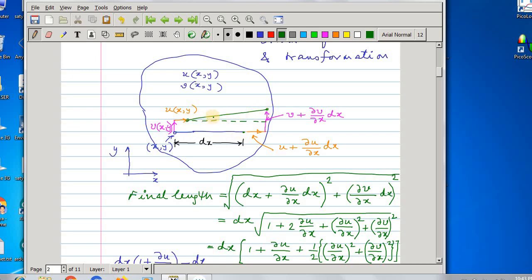Now what is the length of this green line? It is the square root of this length squared plus this length squared.